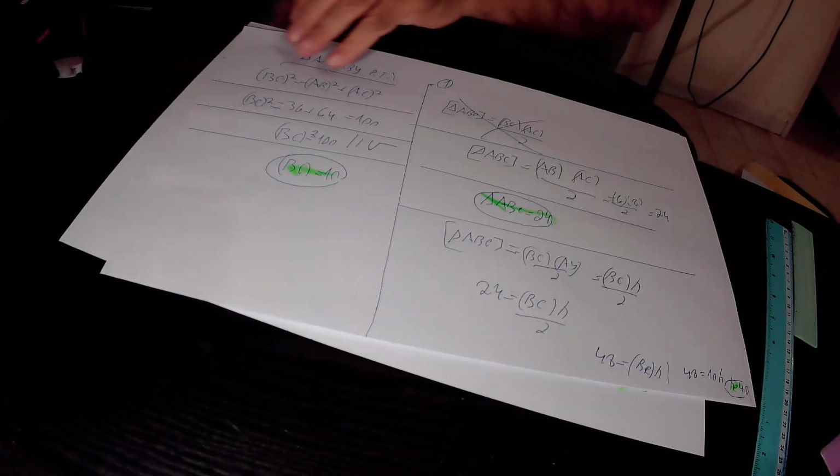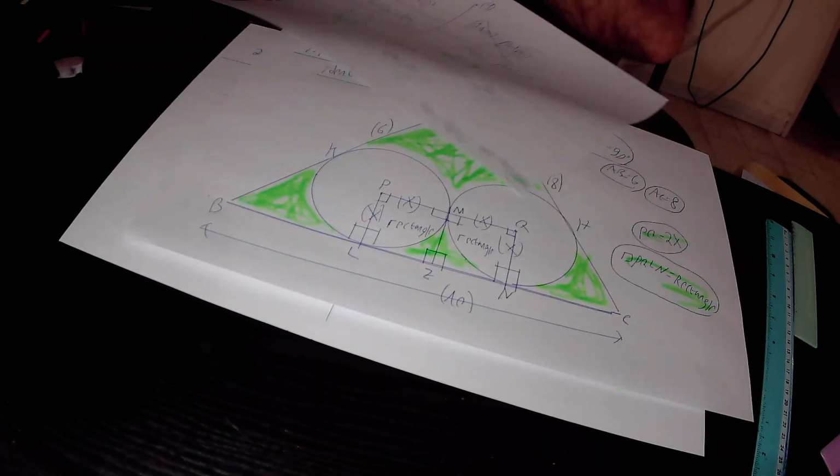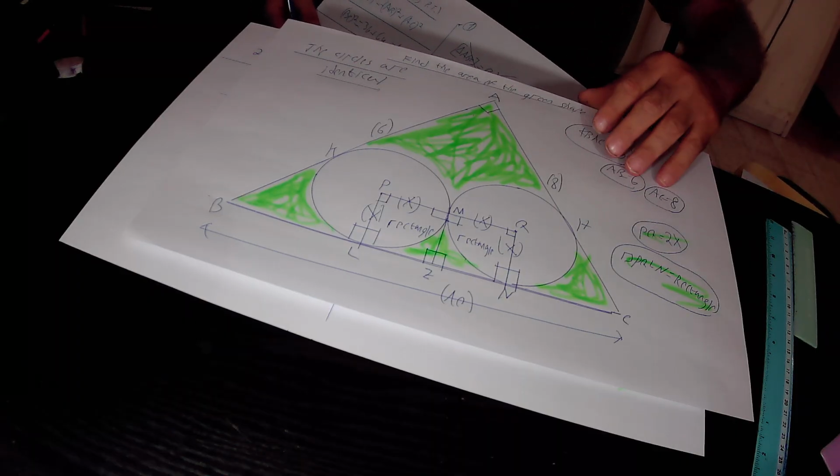Then we calculated the area of the right triangle ABC in a different way.